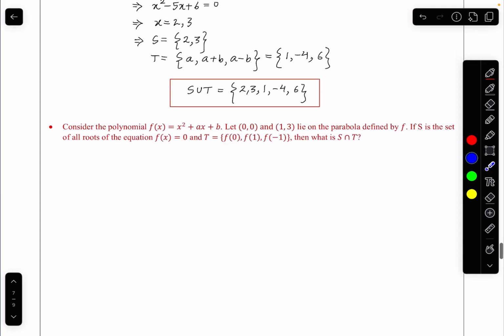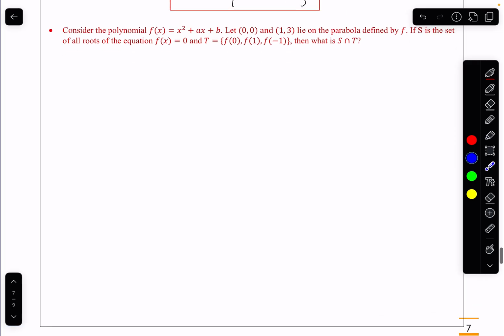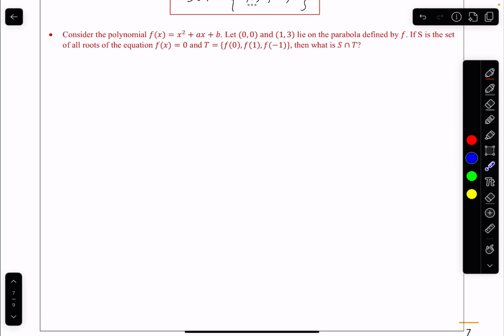And lastly, I'll take up this example. Consider the polynomial f(x). x squared plus ax plus b is the general form of this polynomial. Two more things are mentioned here. The points (0, 0) and (1, 3) lie on the parabola which is defined by this polynomial.